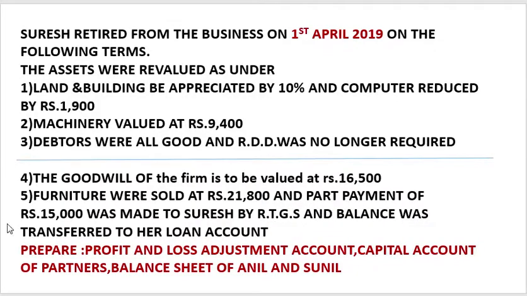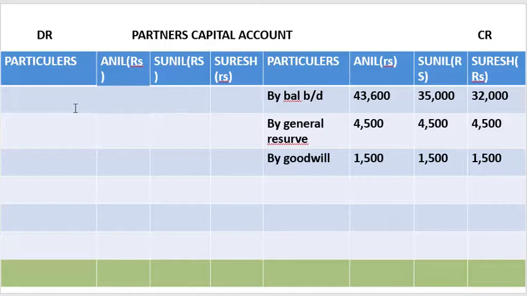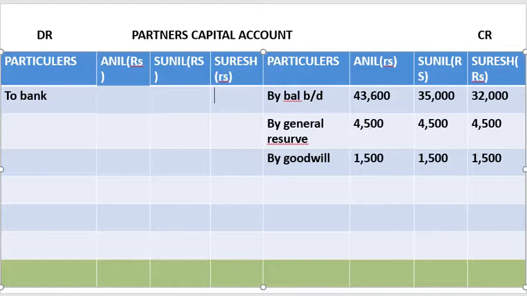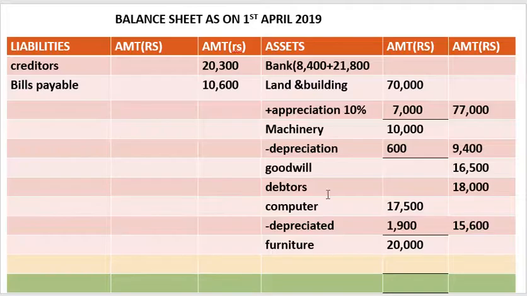Now, part payment of 15,000 was made to Suresh by RTGS and balance was transferred to his loan account. Means Suresh was paid 15,000. So money has gone from bank, how much? 15,000. Now this amount 15,000 we must have given from our bank balance.